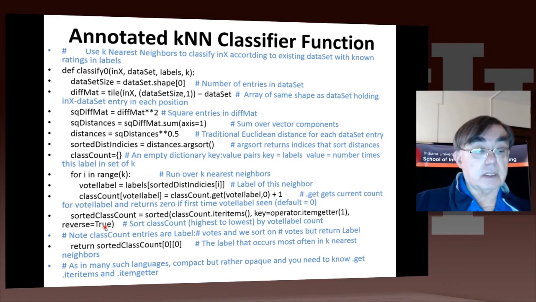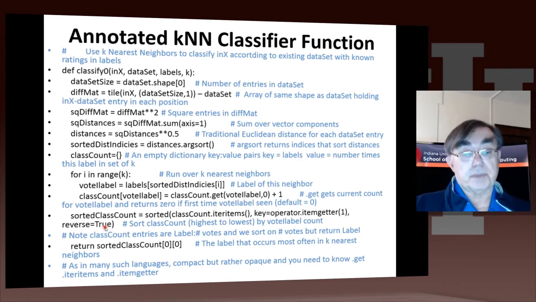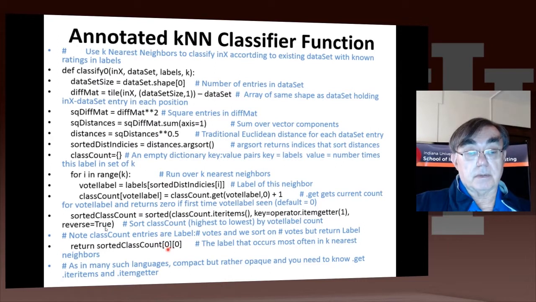And then we return this particular dictionary entry, which is voted on as being voted positively, namely by appearing in the k nearest neighbors the most times. So as I say, this is typical of this type of language. And that's the end of this particular discussion.